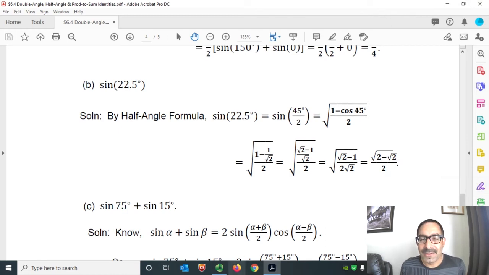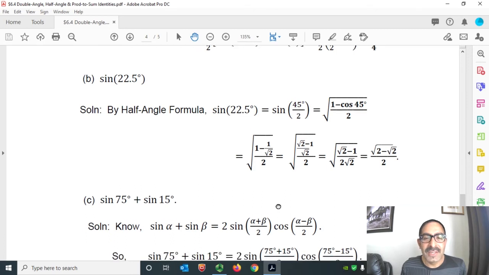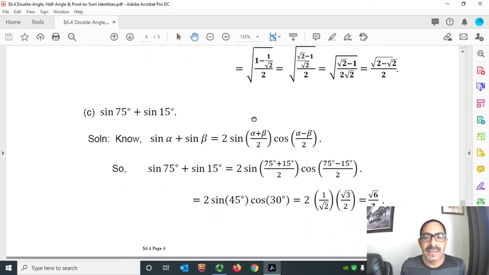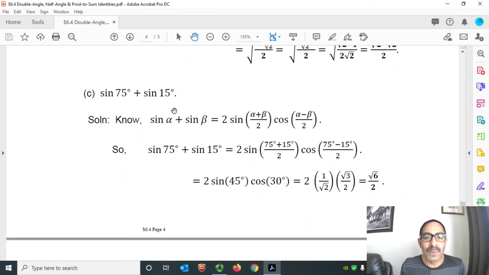Now great. Now let's move on. Similarly, let's compute part C: sine of 75 degrees plus sine of 15 degrees. Let's begin the solutions. We know this sum to product formula: sine alpha plus sine beta equals 2 times sine of alpha plus beta over 2, cosine of alpha minus beta over 2. So here, alpha is 75 degrees, beta is 15 degrees.